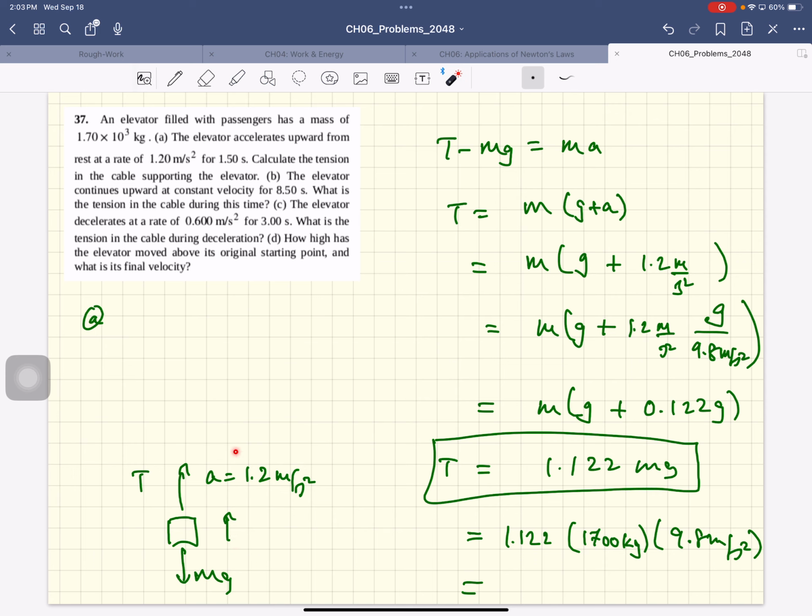When the elevator is going at constant speed, when acceleration is 0, the tension will equal the weight. And if it were accelerating downwards, the tension will be less than the weight. So the tension is greatest when you're accelerating upward, and that's when the cable would break, if it were to break.